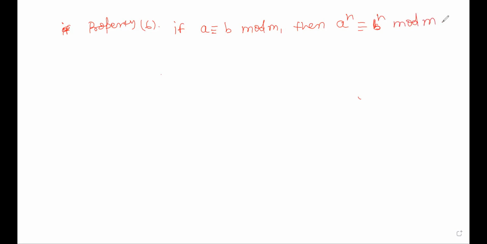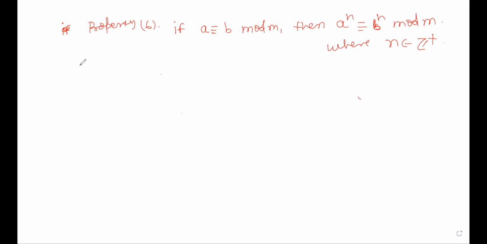We have the sixth property, which is a very important property. Property 6: if A is congruent to B modulo M, then A raised to the power n is congruent to B raised to the power n modulo M, for n a positive integer.